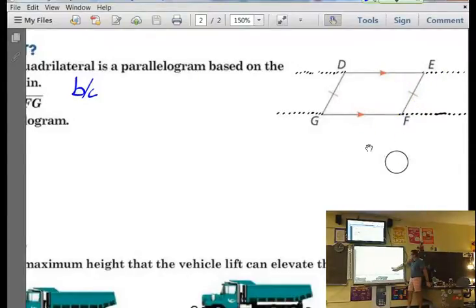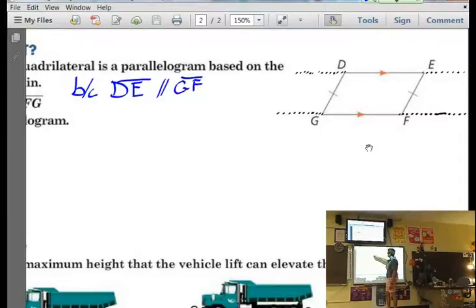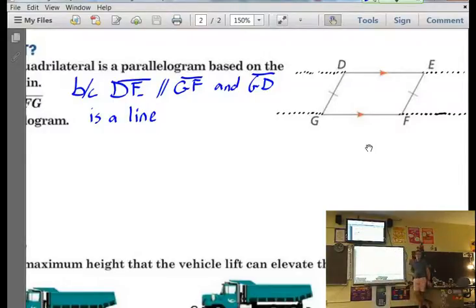Now, another way that we can derive this, here's where I would have gone. Because DE is parallel to GF, and GD is a transversal, or I can even just say it is a line, I know it's a straight line.